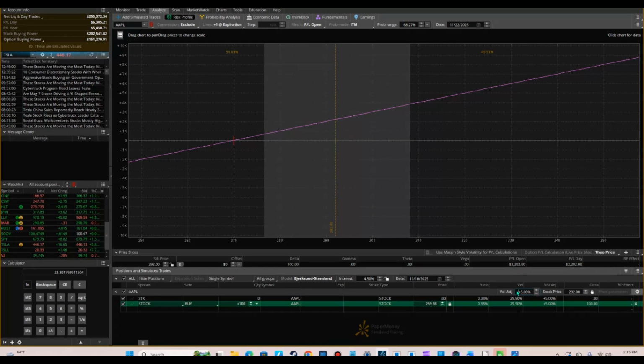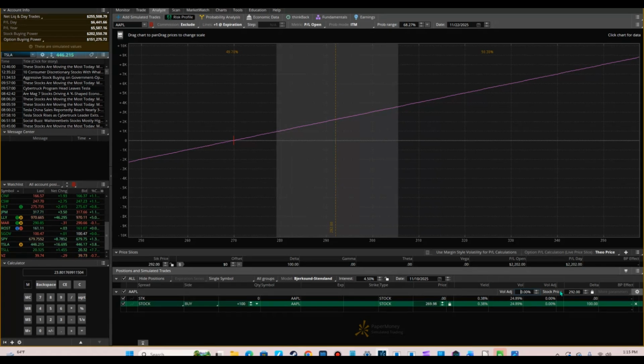What if we decrease it? Let's get rid of that and put a negative 5%. Any change in profit? None. So we look at that and say, hey, our simulation shows that volatility is not going to impact this. All right, let's put that back to 0.